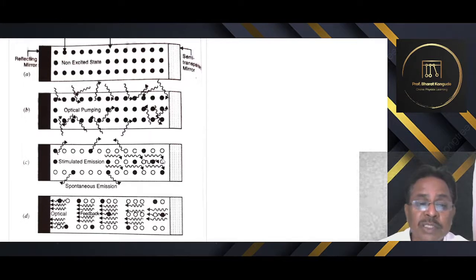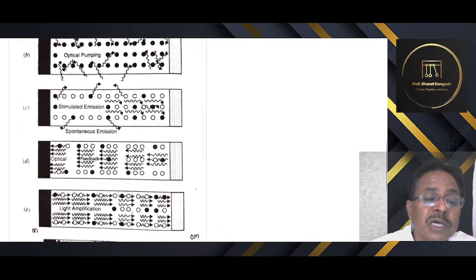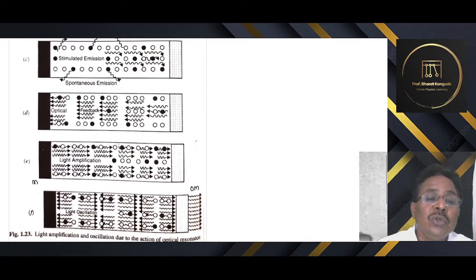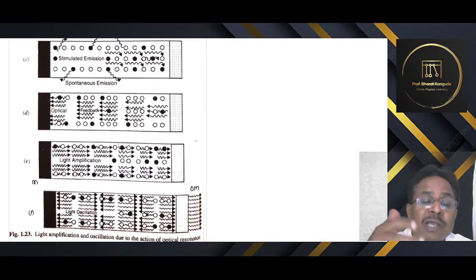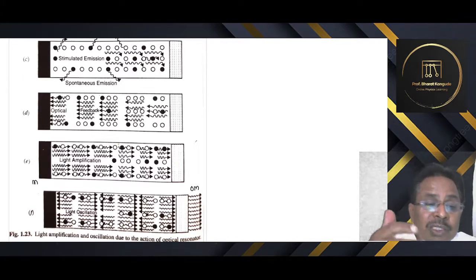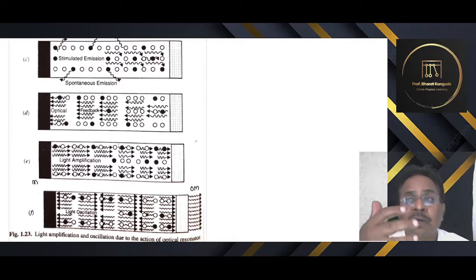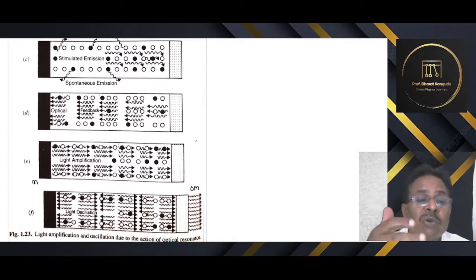Once this is shown by this operation after stimulated emission, and once this radiation reaches this mirror OM, it gets reflected back because of the property of this mirror. This is called optical feedback. During their passage through this active medium, they cause further stimulated emissions, so the number of stimulated photons goes on increasing.